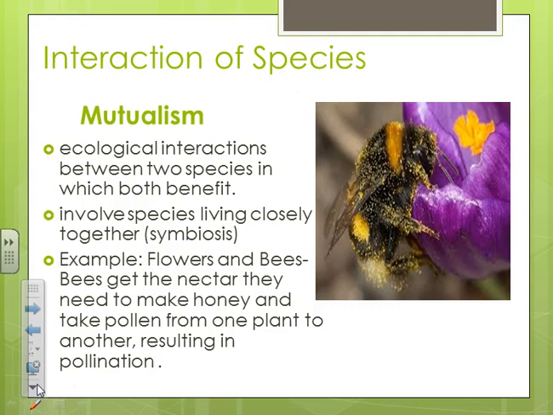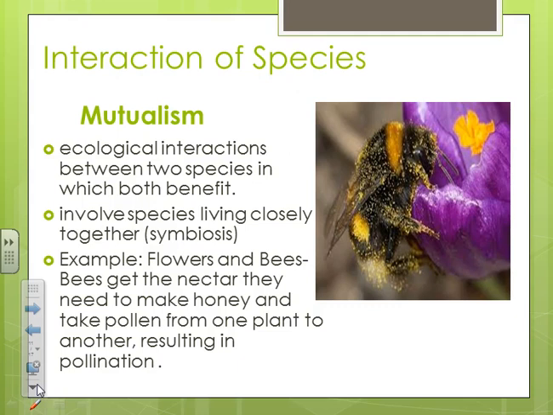Okay, so we're discussing interactions between species. We know this is called symbiosis. So let's look at mutualism. Mutualism is an interaction between two species where both benefit. Let's use those as keywords. Mutualism is when these species are interacting with each other and both of them are benefiting.